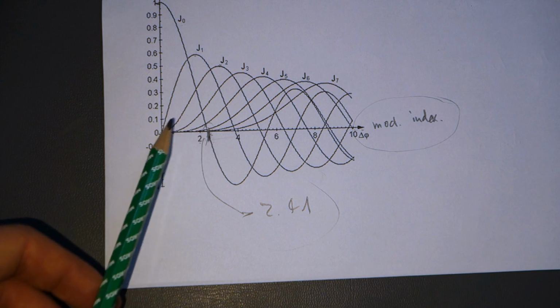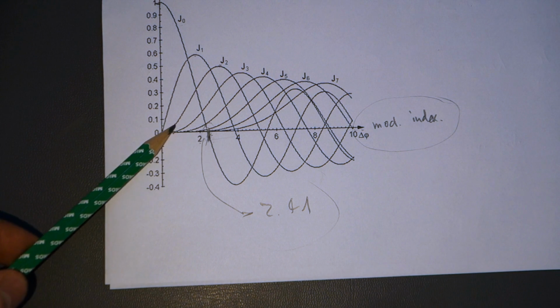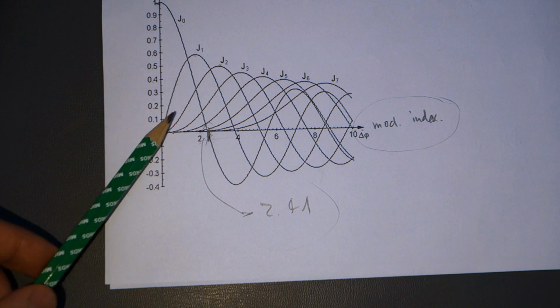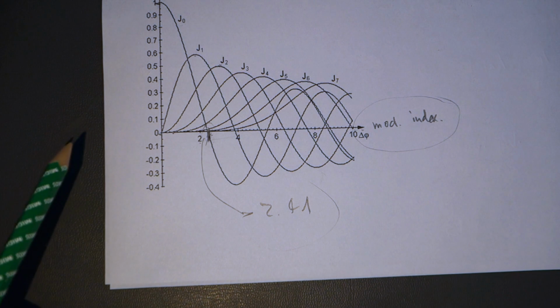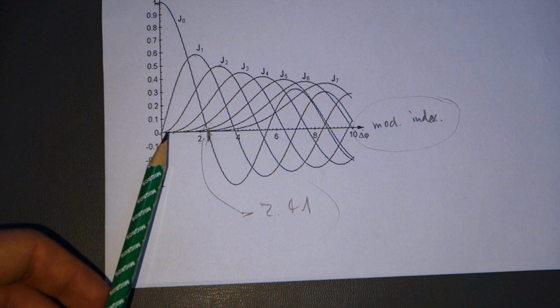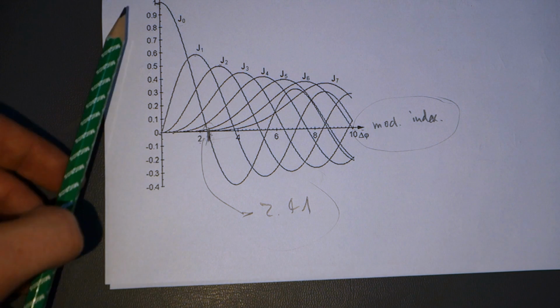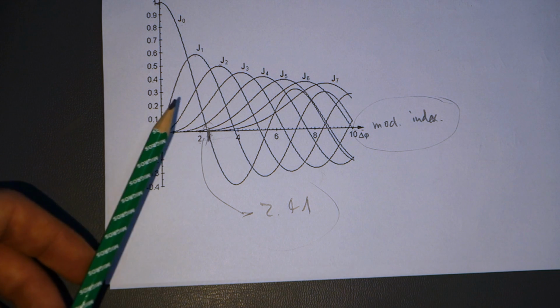Although you can see that they are there mathematically, they're not zero, maybe 0.1 or whatever, but it's really a very low number, which is why you don't see them during the experiment.